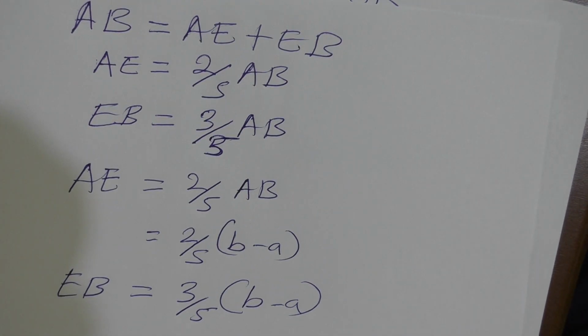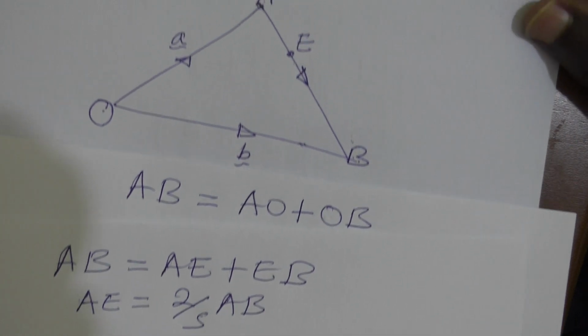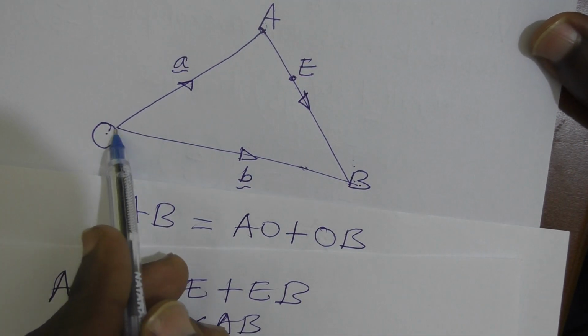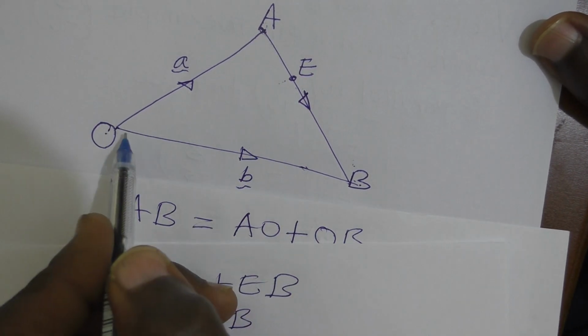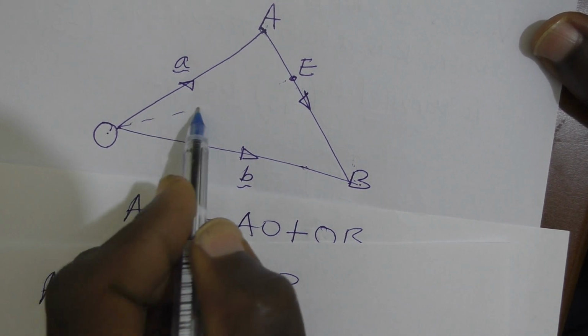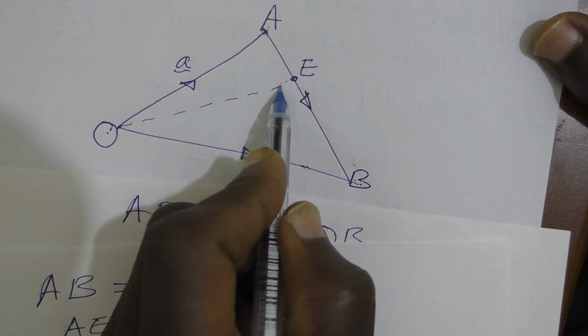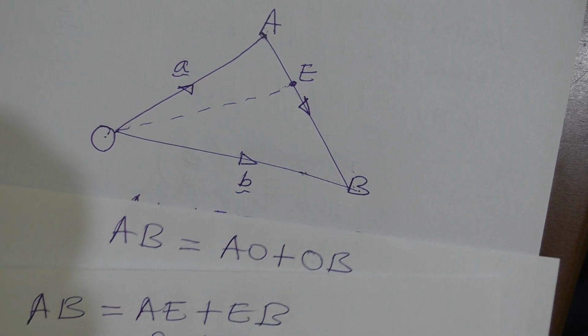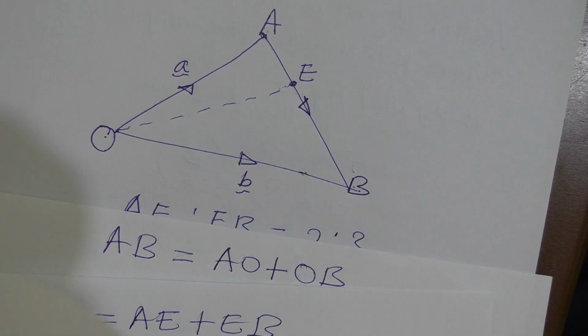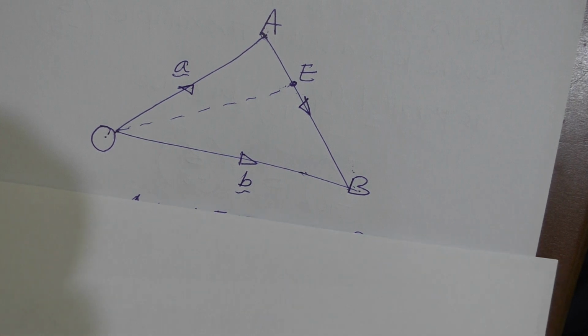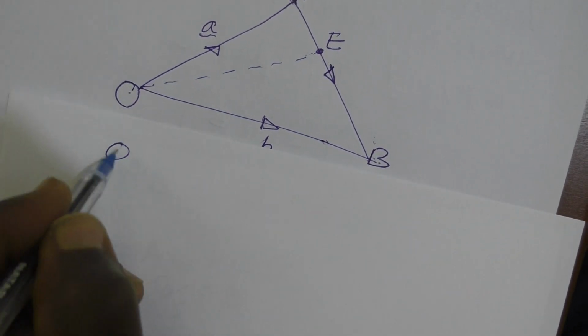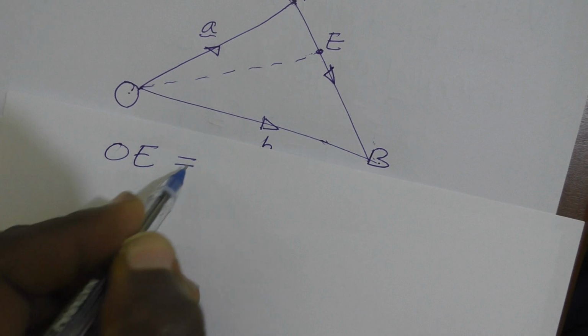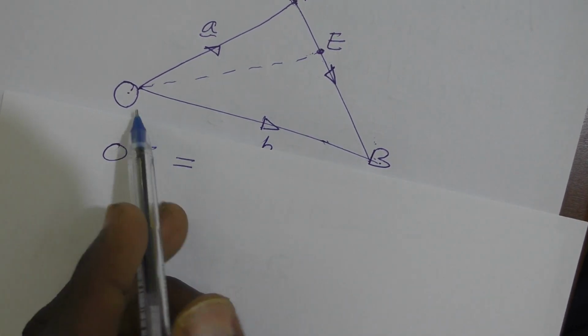And maybe we might also be asked how to get OE. So we can imagine moving from the origin straight to point E. And therefore, OE is gotten in 2 ways.